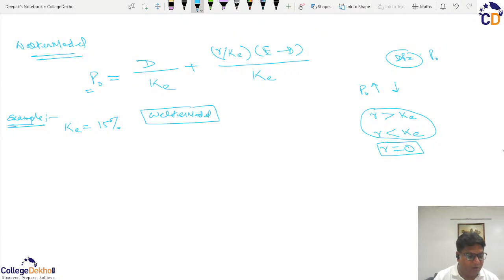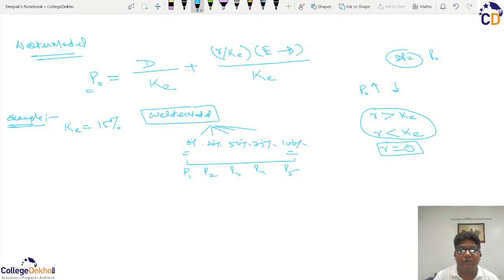And the dividend payout ratios have been taken in this case to be 5, that is 0%, 20%, 50%, 75% to 100%, that is from nil dividend to 100% dividend. So we will calculate price in these 5 cases, P1, P2, P3, P4 and P5.